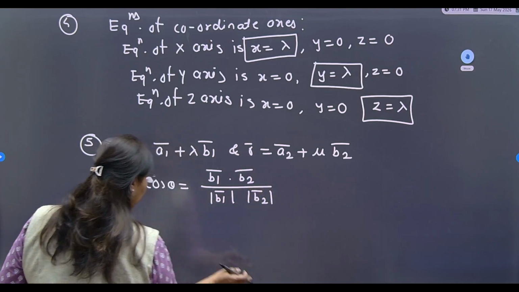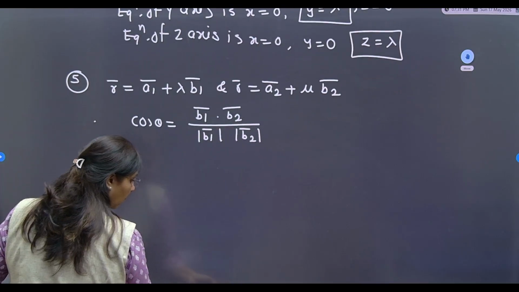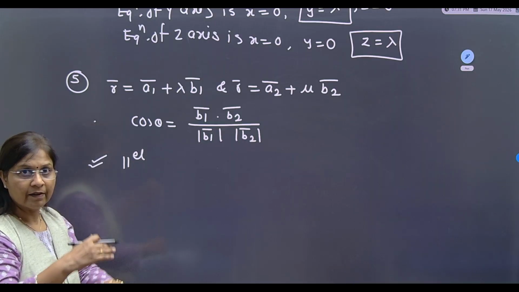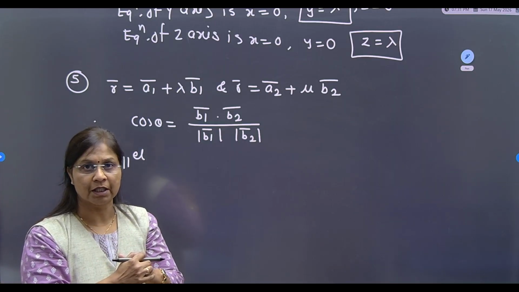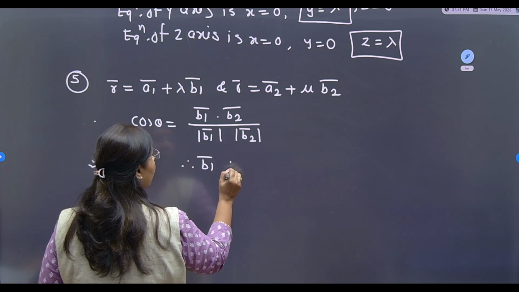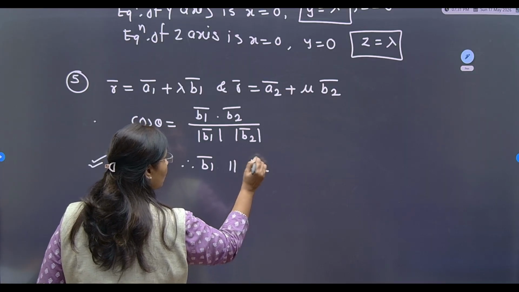Okay, that is the cos theta formula. Next point: if the two lines are parallel to each other, then b1 bar is parallel to b2 bar.